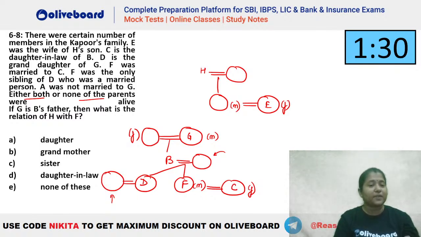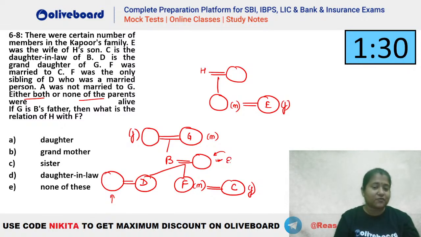That is A was not married to G, right? So A should not be married to G. So that means if you take this person here as H and then you take E as the daughter-in-law, that is the spouse of D, then your A will be the only one remaining and that person will be married to G here. Okay, that is not a possibility.